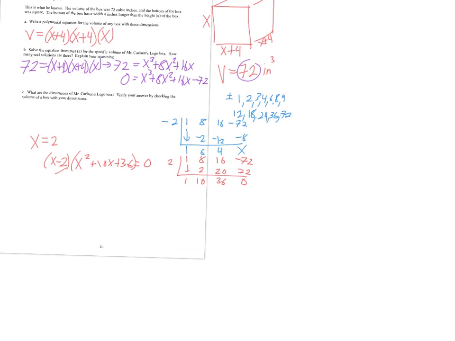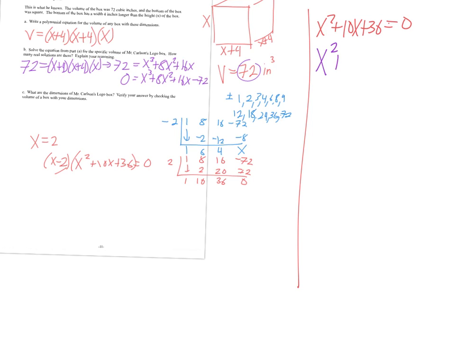I'm going to zoom out a little bit and do some work over here. So now we've got x squared plus 10x plus 36 is equal to 0. I could either factor, not going to work, or complete the square, or do the quadratic formula for this. Let's complete the square. Minus 36 to both sides.